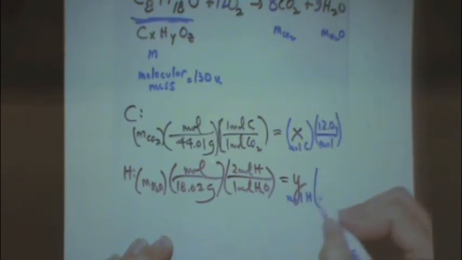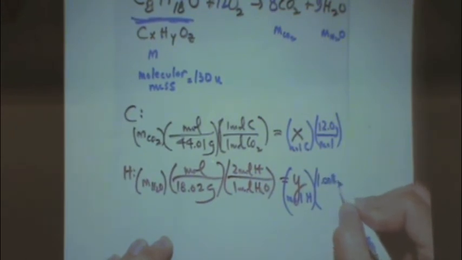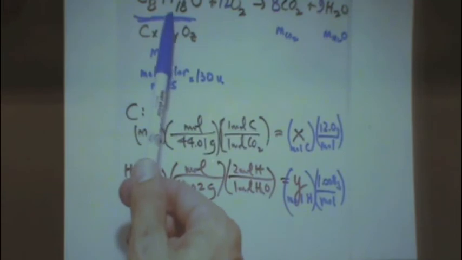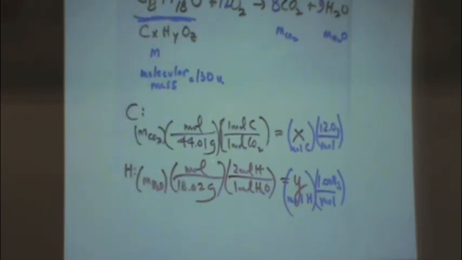And then I would need to change this to grams as well, so this would be 1.008 grams per mole. And so I would change both of those now to grams. Why would I do that? Because to find oxygen, I need the mass of hydrogen, I need the mass of carbon, and then I can use this following formula.